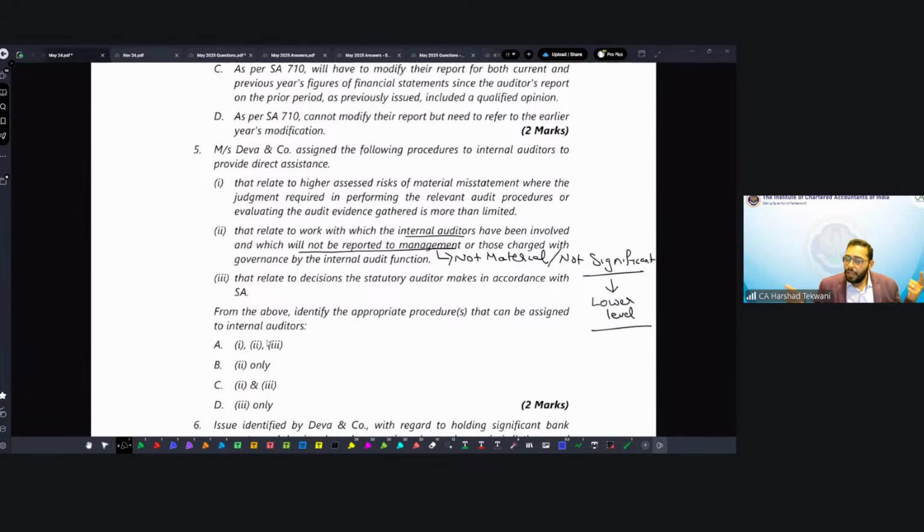Simple example: if the internal auditor team has been involved, not everyone will be involved. Some will be involved, some will not. So the one who is not involved, I will ask him to perform that work. Are you getting the point? Yes, sir. Perfect. So that's why I can do this, not the first and third.